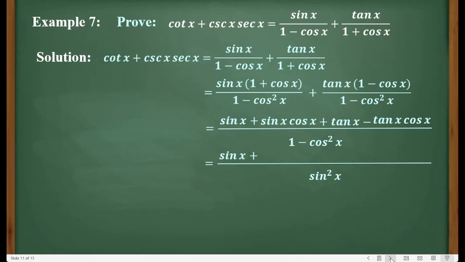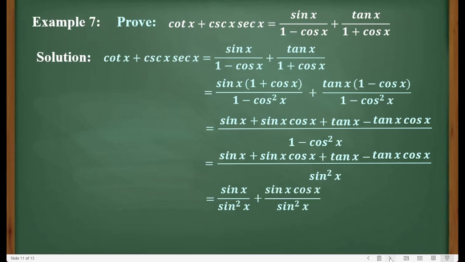Then, rewriting the term, tangent x minus tangent x cosine of x. Then what comes next? Each term in the numerator is being divided by sine squared x. So for this term right here, we cancel sine of x.